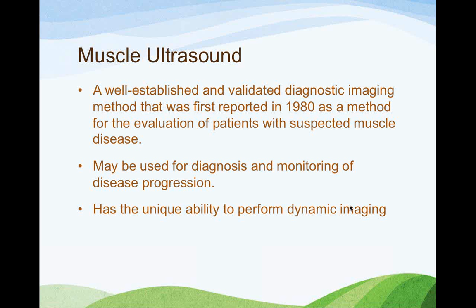Dynamic imaging means that you can actually watch how the muscles move, or you can actually see movements that are not created by the patient themselves, but they're movements of the muscle that are often associated with inflammation or degeneration of the muscle tissue as it relates to motor neurons. So this is something that's very unique to ultrasound that you'll never get in MRI or CAT scan.